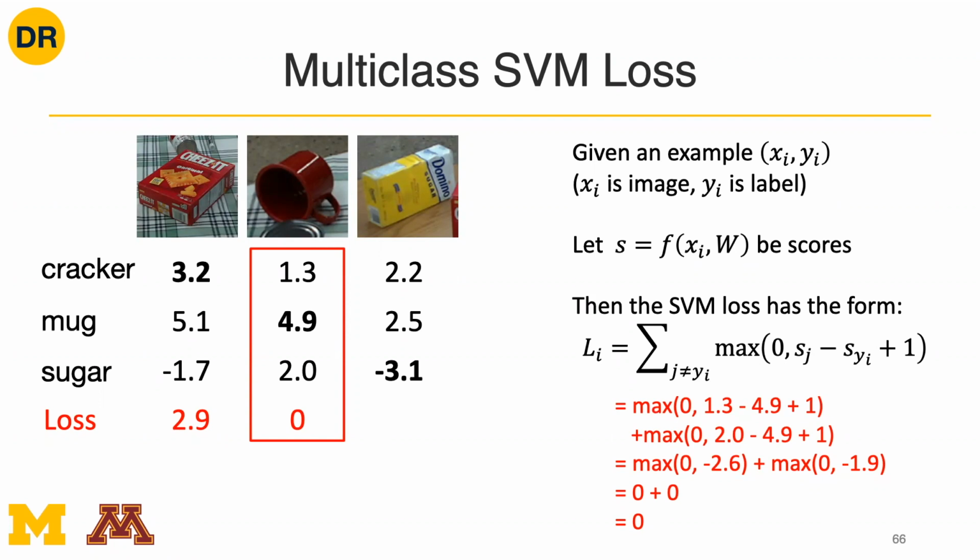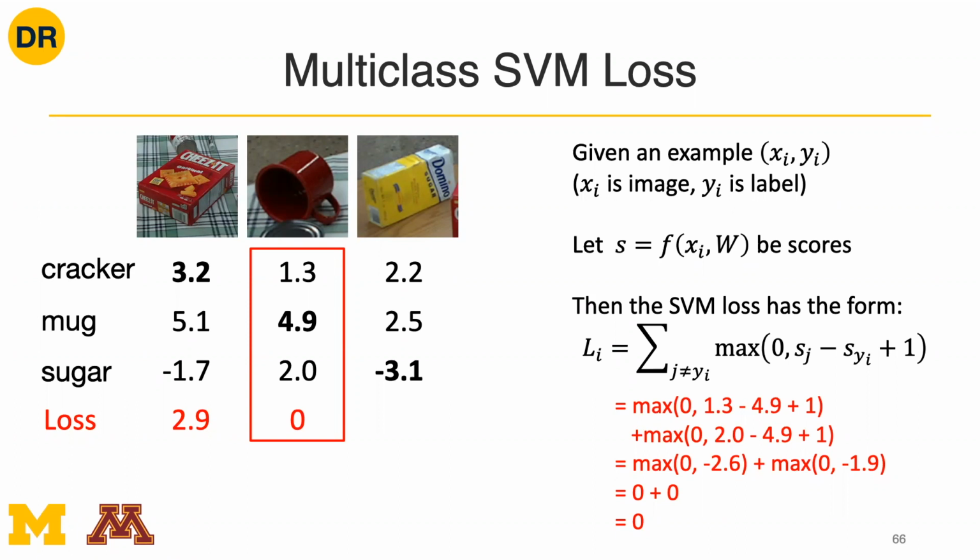So it does not give you any loss from that because it's already doing well. The 1.3 is too far away from the true value. The second term, again, is far away from the true value. So both of these do not give anything to the loss. So the loss is actually 0 for this, meaning the classifier is already performing well for this particular label.